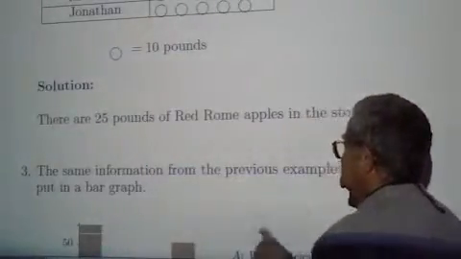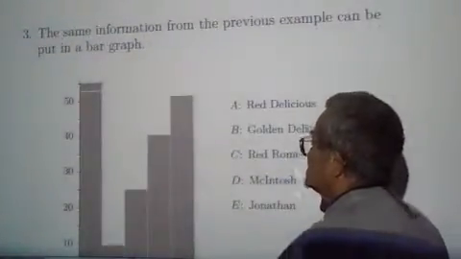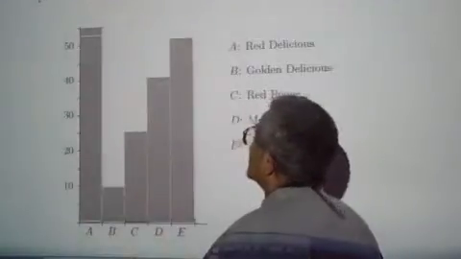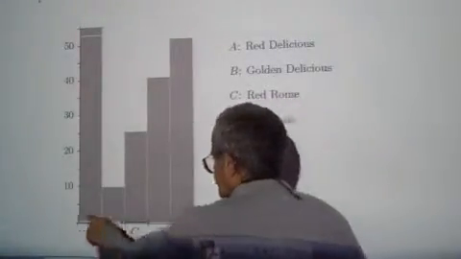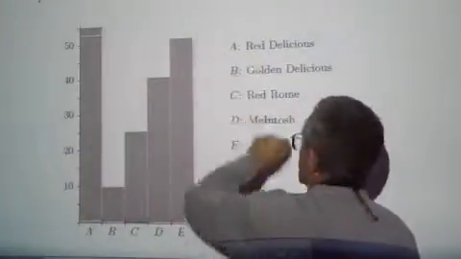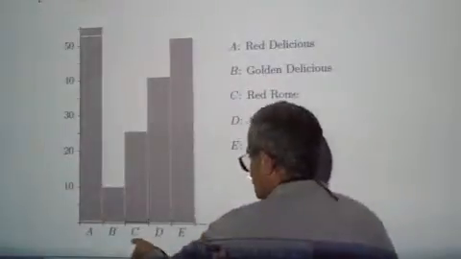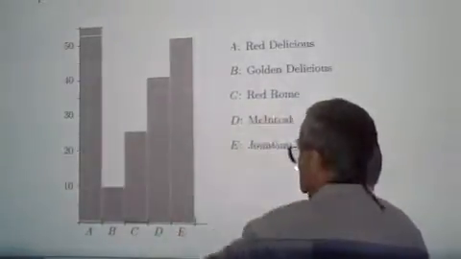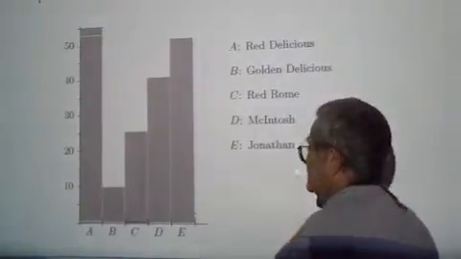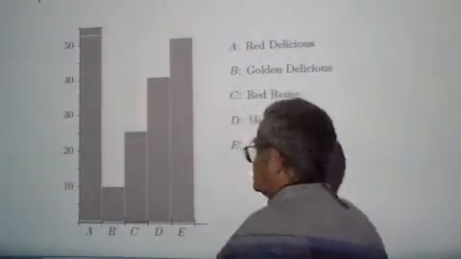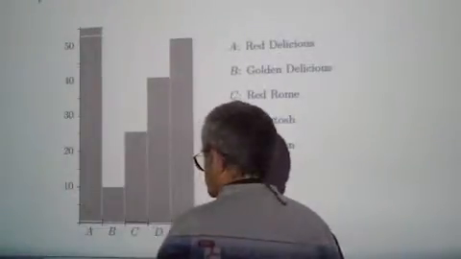The same information can be given by a bar graph. These are bars, and this may go a little too high for viewing. The first column A signifies red delicious, the second column B, golden delicious, the third column C, red Rome, the fourth column D, Macintosh, and the fifth column E, Jonathan. And on the side you see 10 pounds, 20 pounds, 30, 40, 50 pounds.